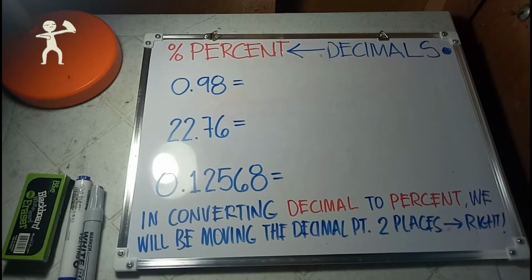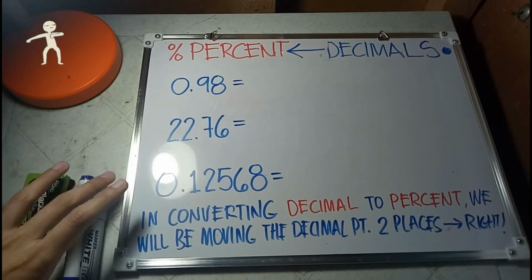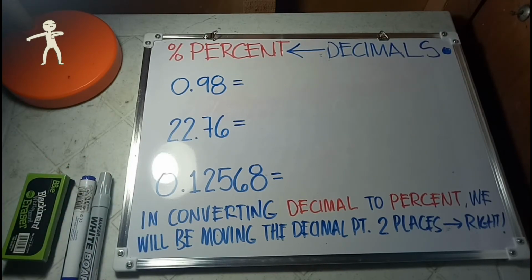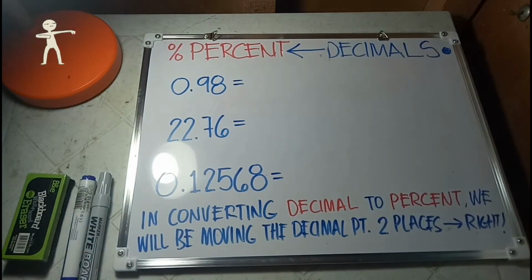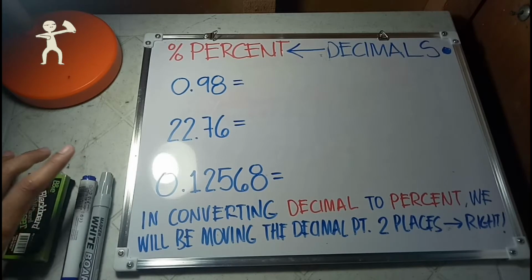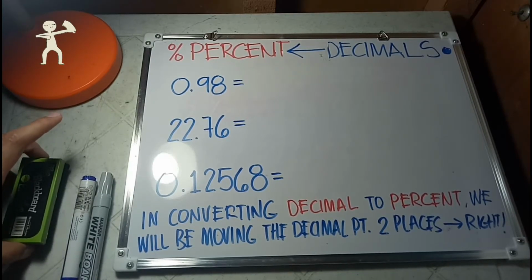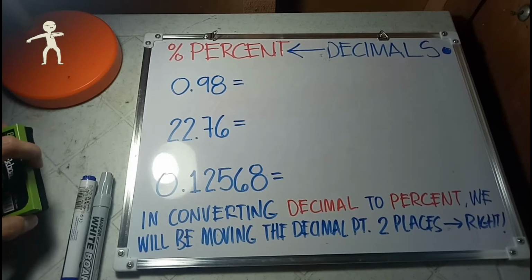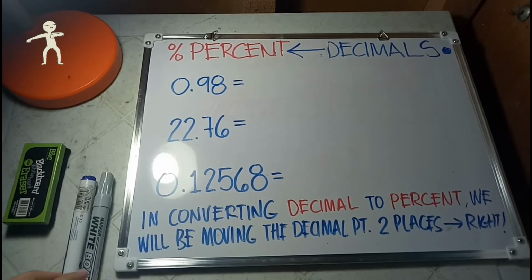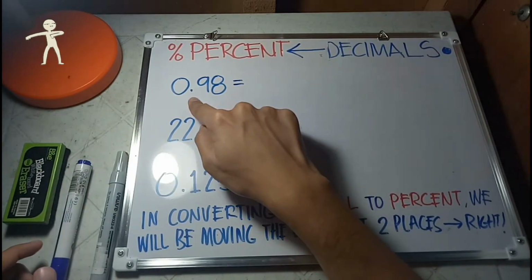Okay guys, so welcome back. So in this scenario naman po, we will be converting decimals into percent. So actually po, same thing rin po yung process niya sa converting percent to decimal. Yung pagkakaiba lang po is we will be moving the decimal point to the right.